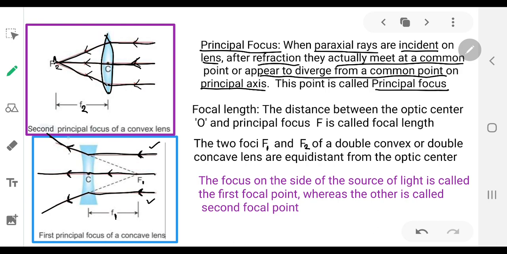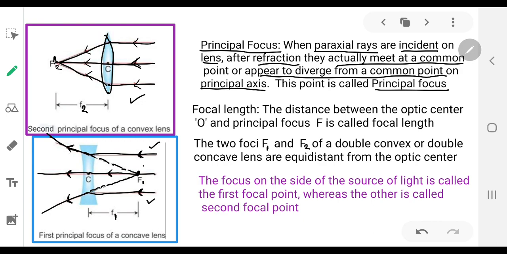But when you extrapolate the refracted rays in their direction of divergence, they appear as if they are diverging from point F1, from a common point. That common point is called the principal focus. In case of a convex lens, after refraction, the rays actually meet at a common point.